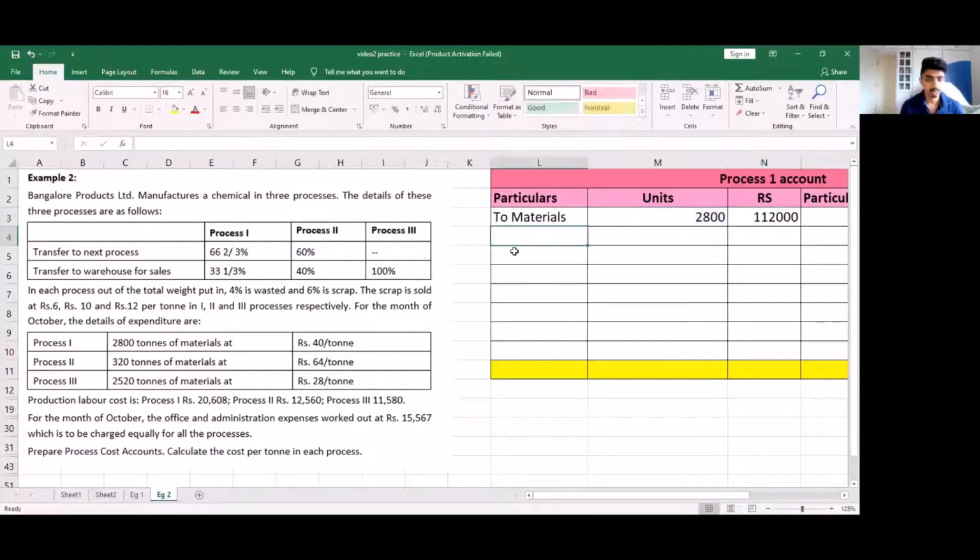Moving on, next we have the labor. So for labor for process 1, the value is 20,608. And finally, we have the office and administrative expenses.